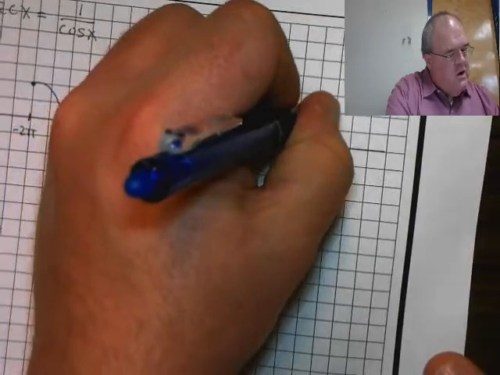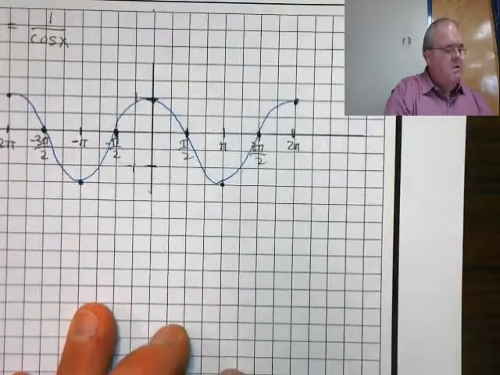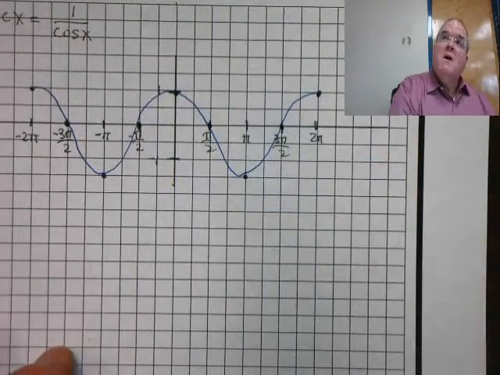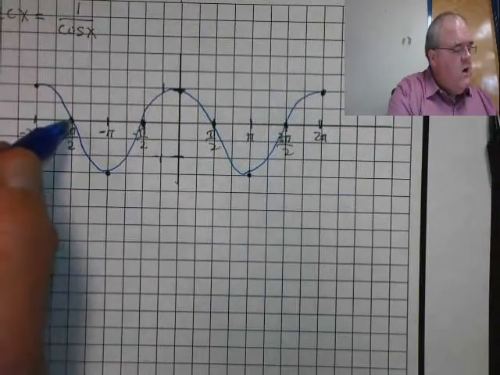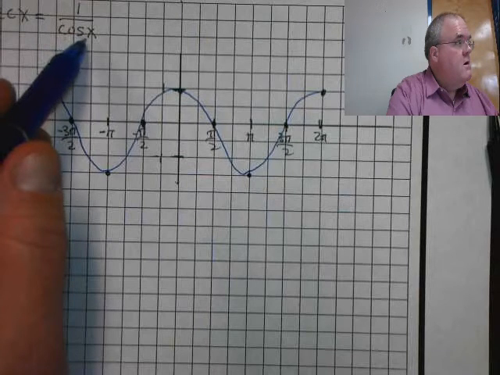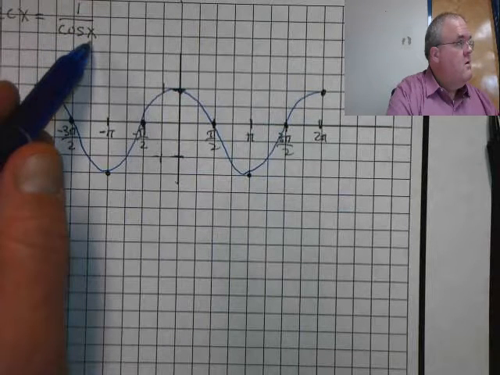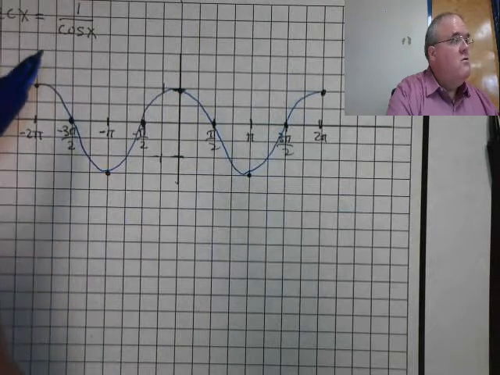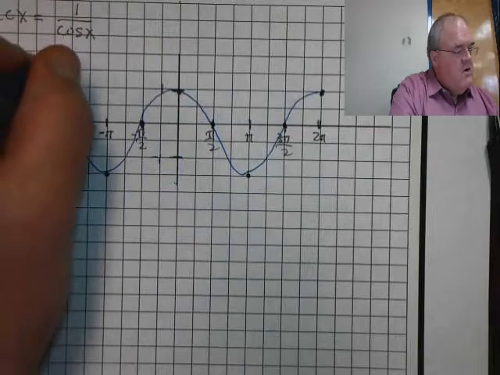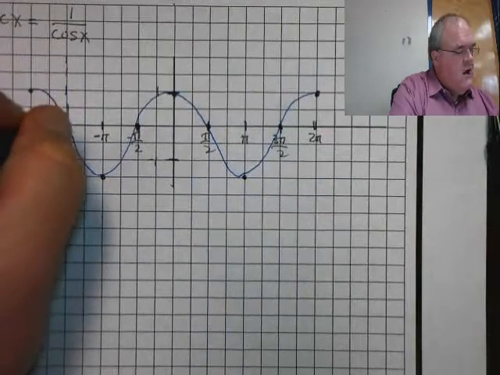Since we are dealing with the reciprocal, anytime we hit 0, what's 1 over 0? Undefined. So that means we're going to have what we call an asymptote.